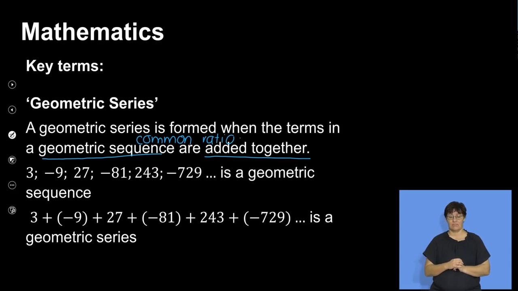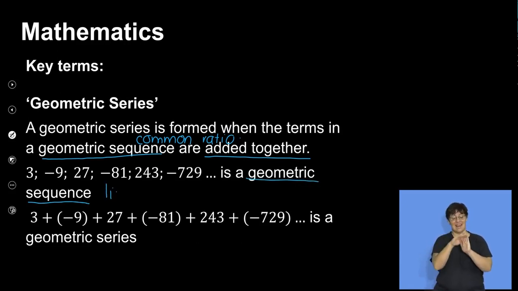The example given below, with 3; -9; 27; -81; 243 going on, is a geometric sequence. Please remember, because this is a list of numbers, the list is indicated with semicolons, but it may sometimes be indicated with commas. Because it is a list, it is a sequence.